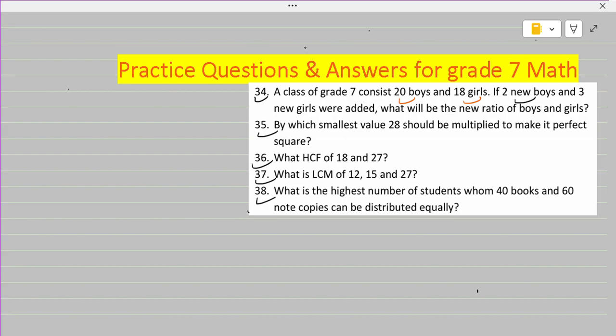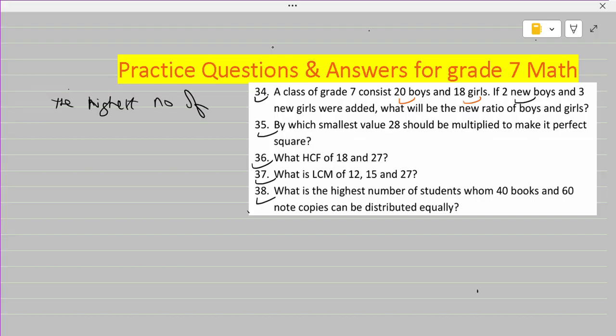It will be the highest common factor of these two numbers, 40 books and 60 note copies. That will be the highest number of students among whom we can distribute those books and note copies equally. So the number is the HCF, the highest number of students, right?